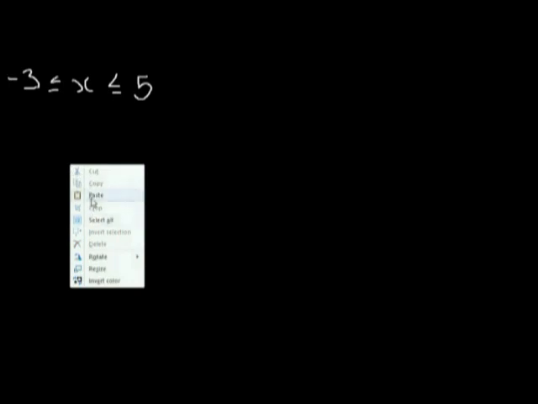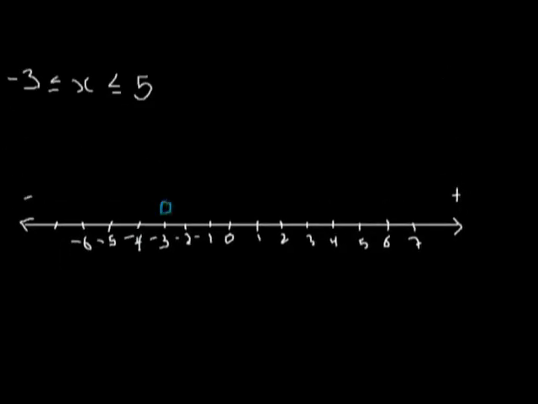Let's say minus 3 is less than or equal to x, but x is less than or equal to 5. Now we can represent this on the number line. We should have a closed circle because it is a greater than or equal to sign. Negative 3 is less than or equal to x, or in other words, x is greater than or equal to negative 3.